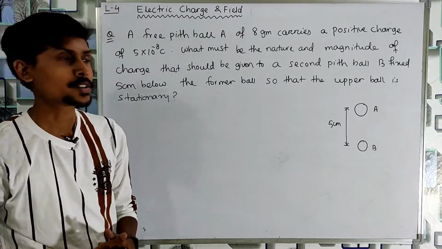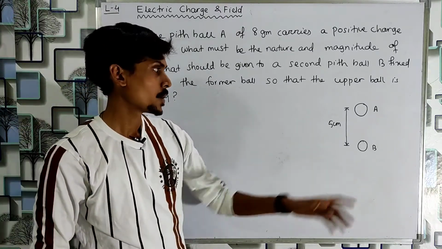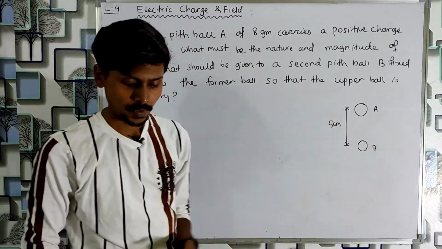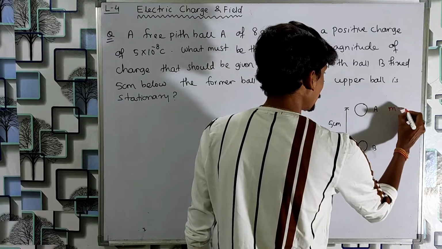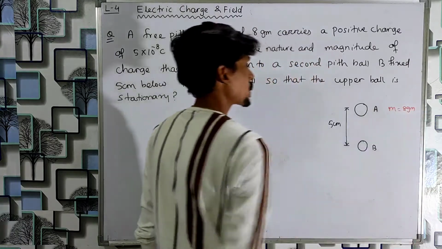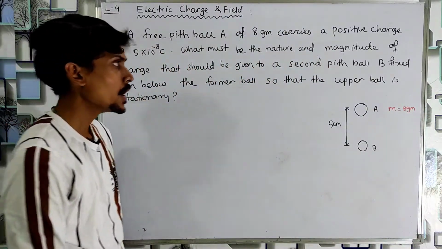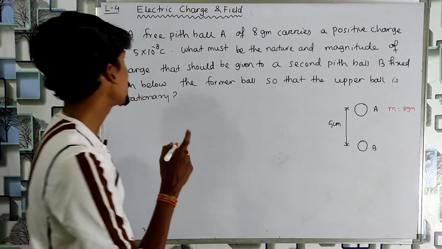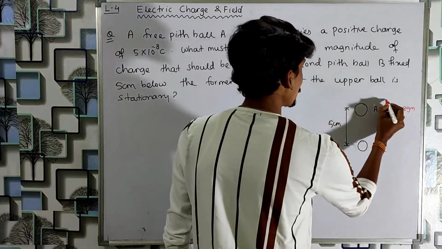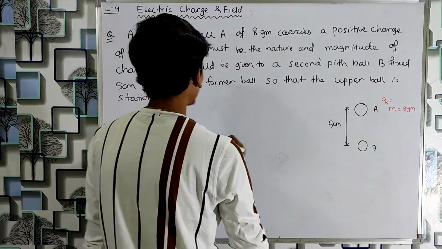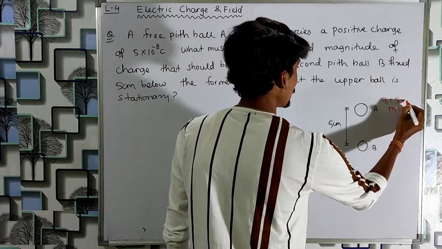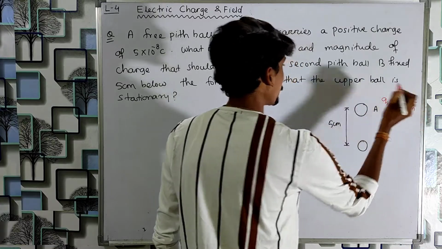The question says that we have two pith balls, pith ball A and pith ball B. The mass of pith ball A is 8 gram, and the charge of the pith ball is, let us say, Q1. Q1 is 5 into 10 to the power minus 8 coulomb.